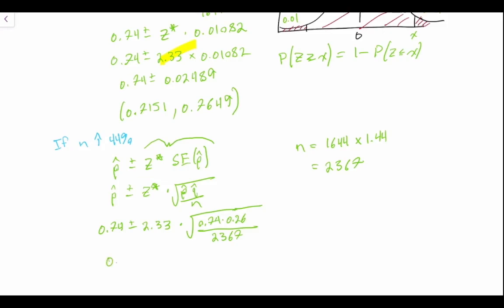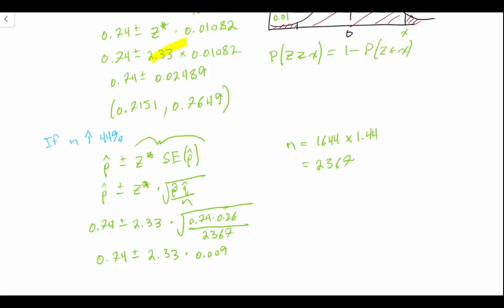So what we get here is 0.74 plus or minus 2.33 times 0.00913, and we'll just keep it to that value. Kind of 6 or 7 decimal points there. Oh, what the heck?